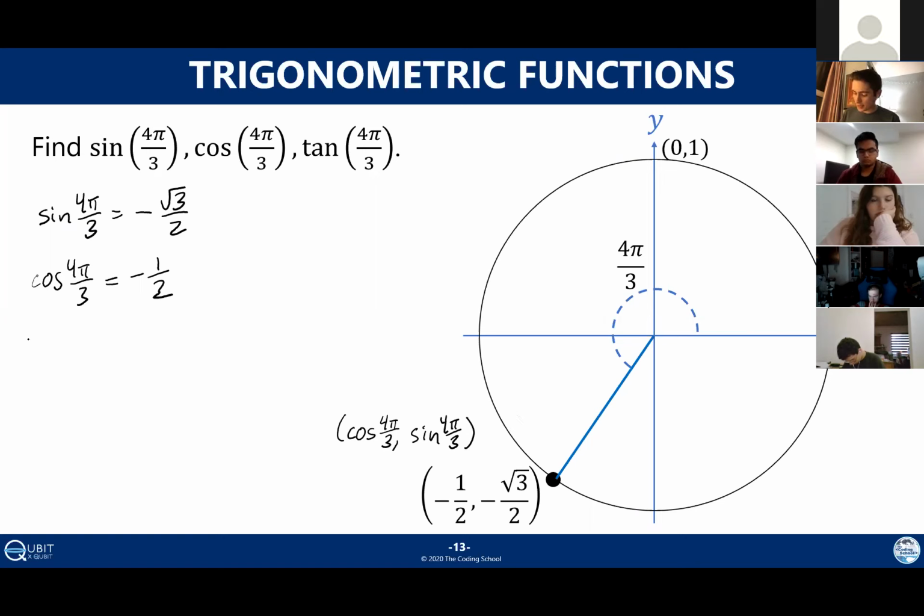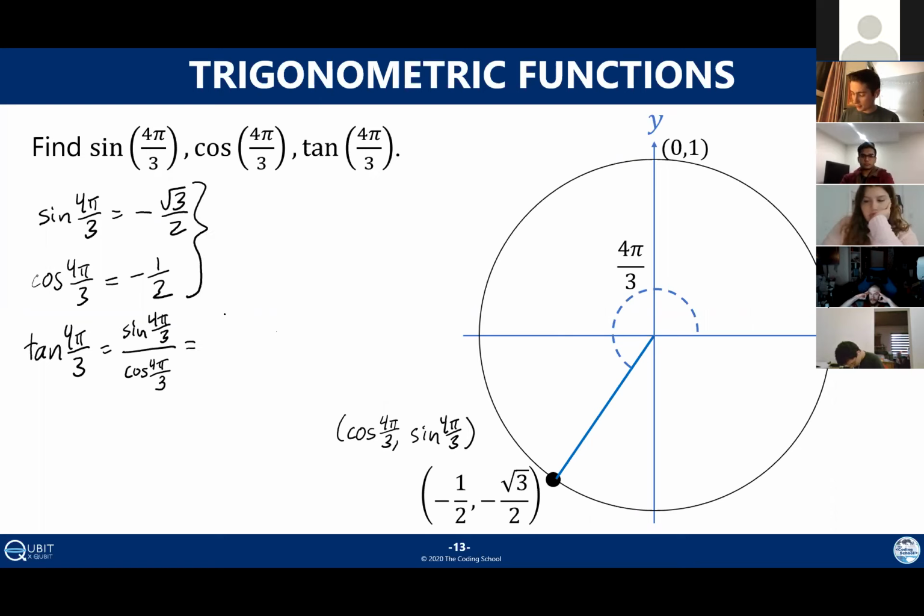Next up, to figure out tan, it's the same trick again. So tan of 4 pi over 3 is going to be sine 4 pi over 3 divided by cos 4 pi over 3. We already figured out both of those things here, so we'll just go ahead and plug those in. Our sine is minus root 3 over 2. Our cosine is minus 1/2.